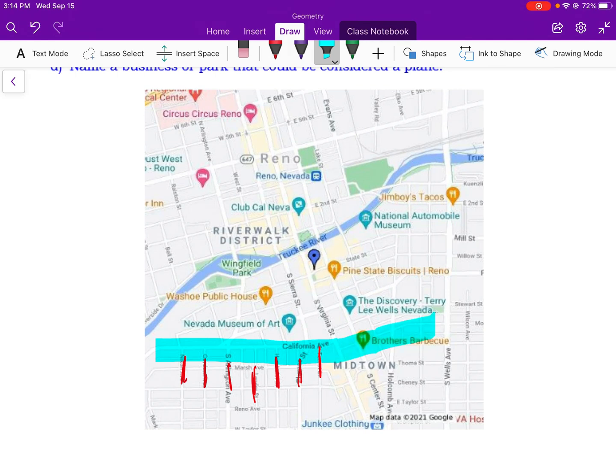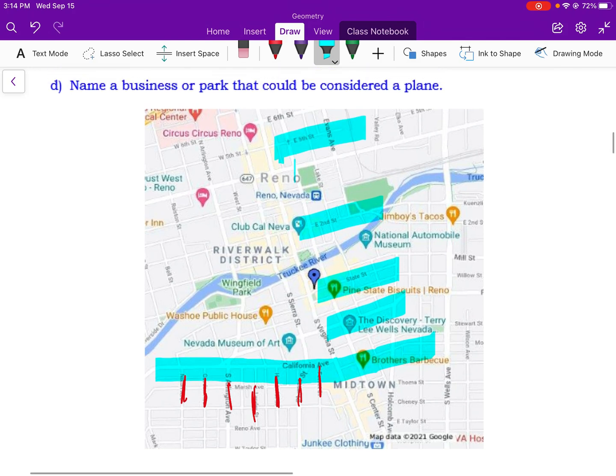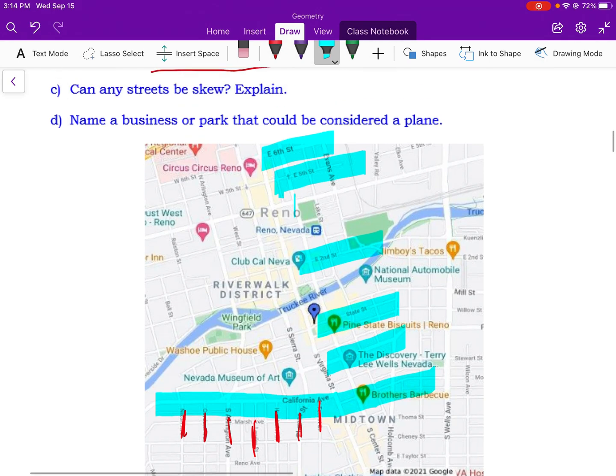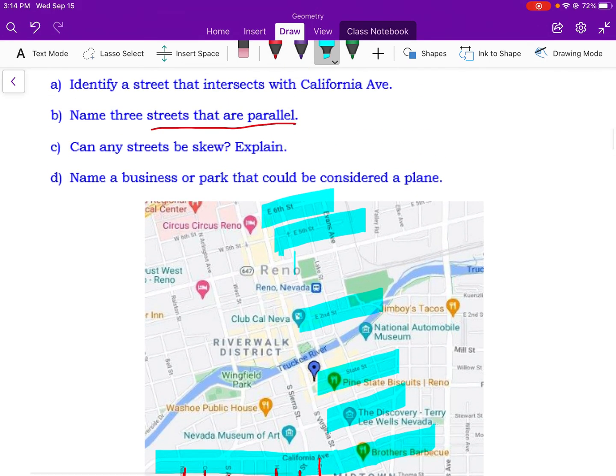But if we were to kind of extend this over here, maybe it just makes it more evident that this street would be parallel. State Street, 2nd Street. What do we have over here? 5th Street, right? 6th Street. They're more or less parallel, even though maps are not perfect. So you're kind of improvising a little bit in your interpretation.